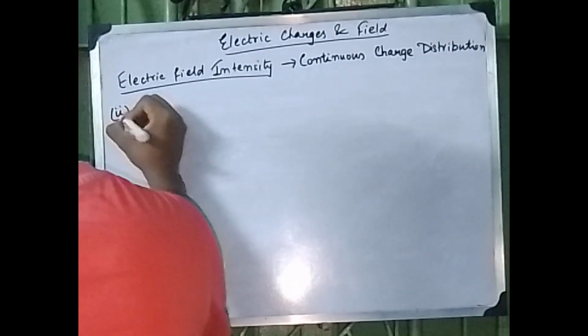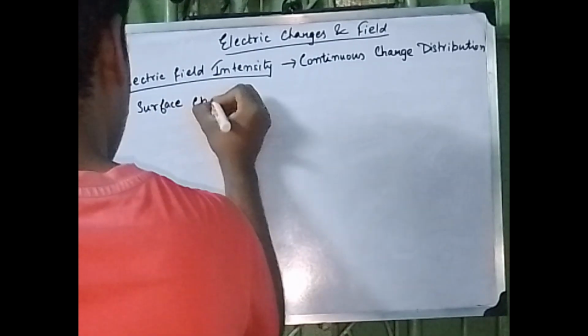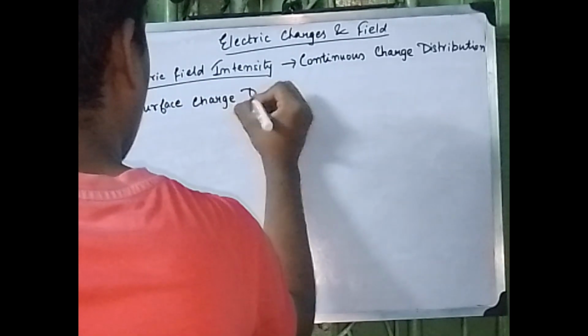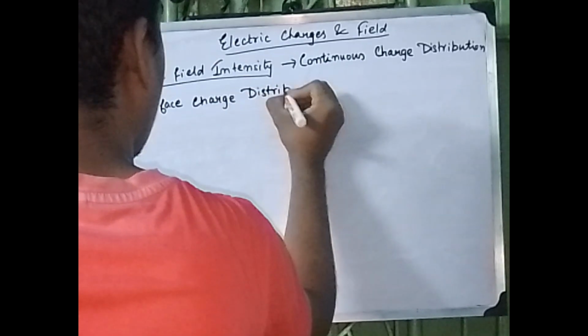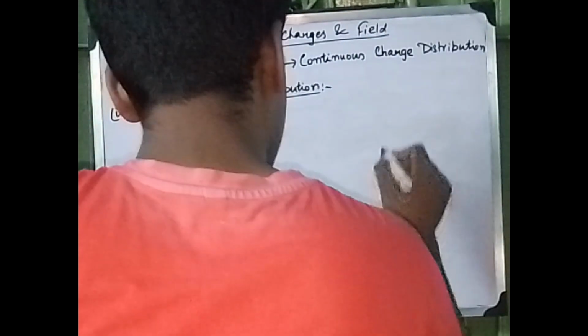Now let us come to the second continuous charge distribution, which is also known as surface charge distribution. For that we have to first draw the diagram and then understand its equation.